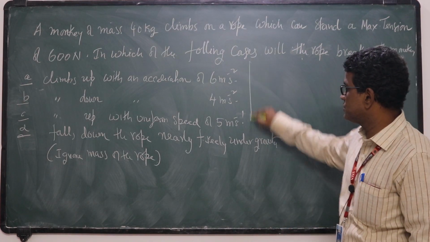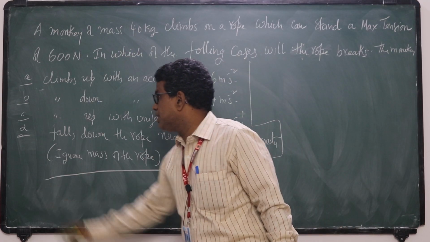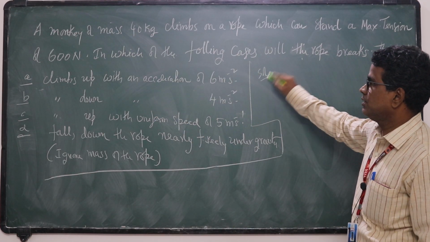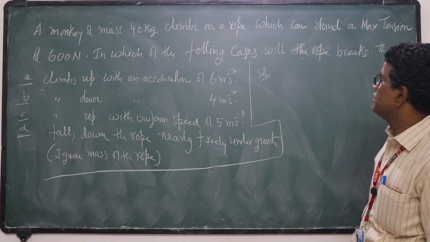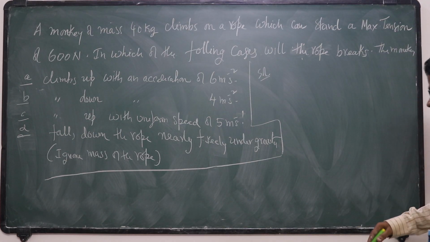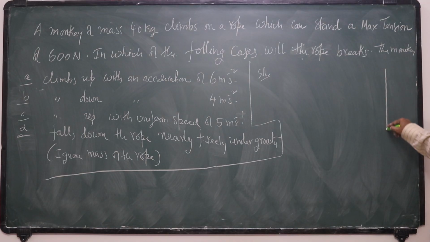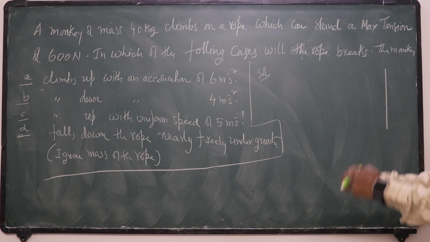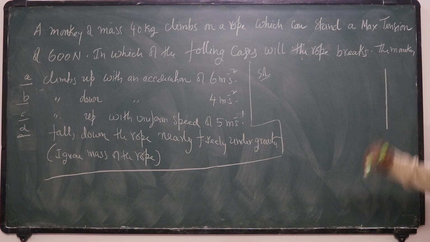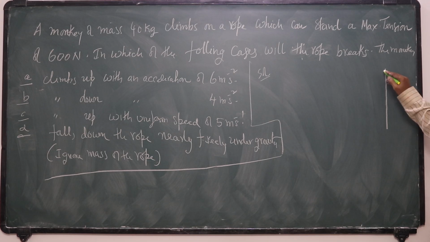The first one, solution. I will draw a diagram here. A monkey of mass 40 kg climbs up a rope which can stand a maximum tension of 600 newtons. Let this be the rope and this be the monkey.